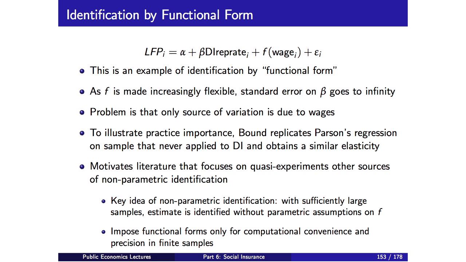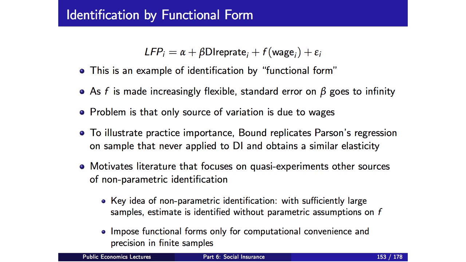To illustrate the practical importance of that point, one of the nice things that Bound does in his paper is that he replicates Parsons' exact same regression specification on a sample that never applied to DI. So clearly for these people, DI is not the reason that they are working more or less, because they never applied for DI.